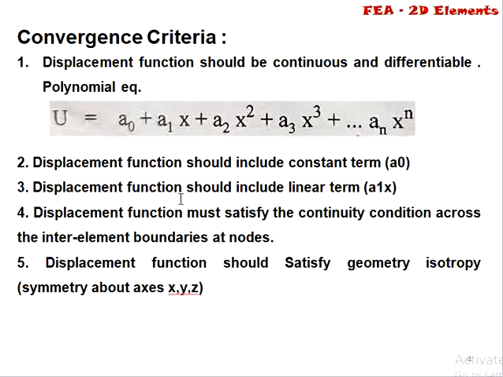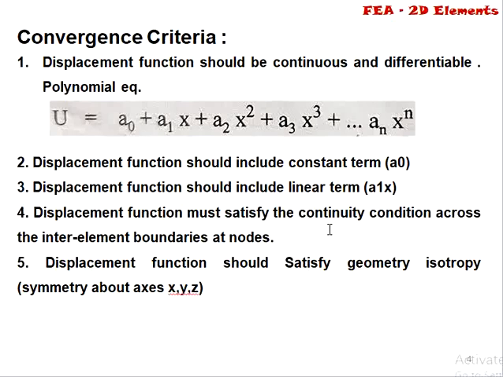Then fourth, the displacement function must satisfy the continuity condition across the inter-element boundary at nodes. Continuity means when you discretize the domain, it is denoted as first element, second element, third element. So we consider the second element always after the first, and the third element always after the second.